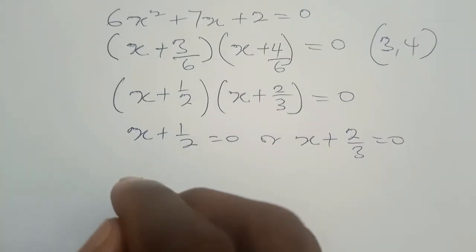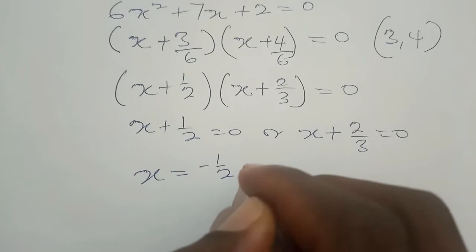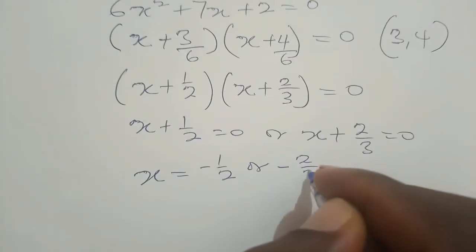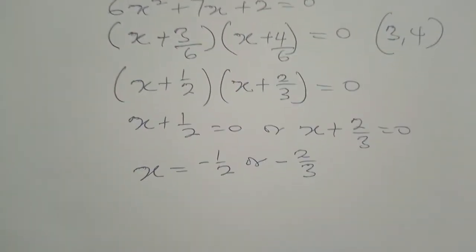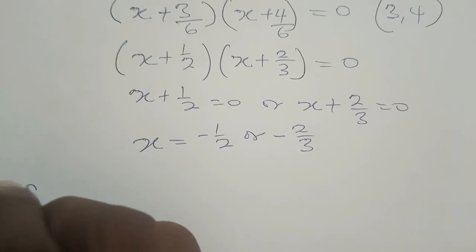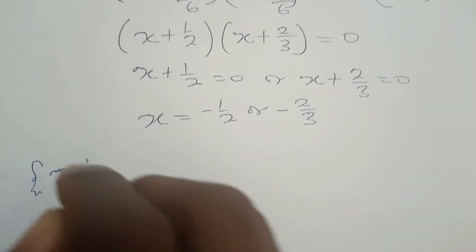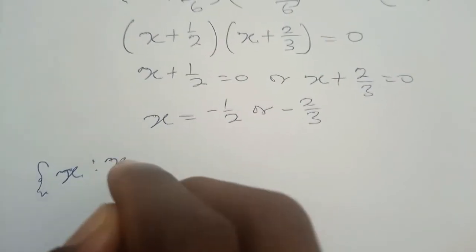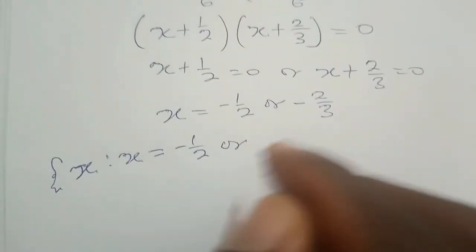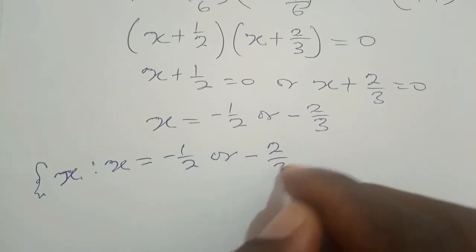And that will be x = -1/2 or -2/3. We have to find the truth set. So our truth set becomes {x : x = -1/2 or -2/3}.